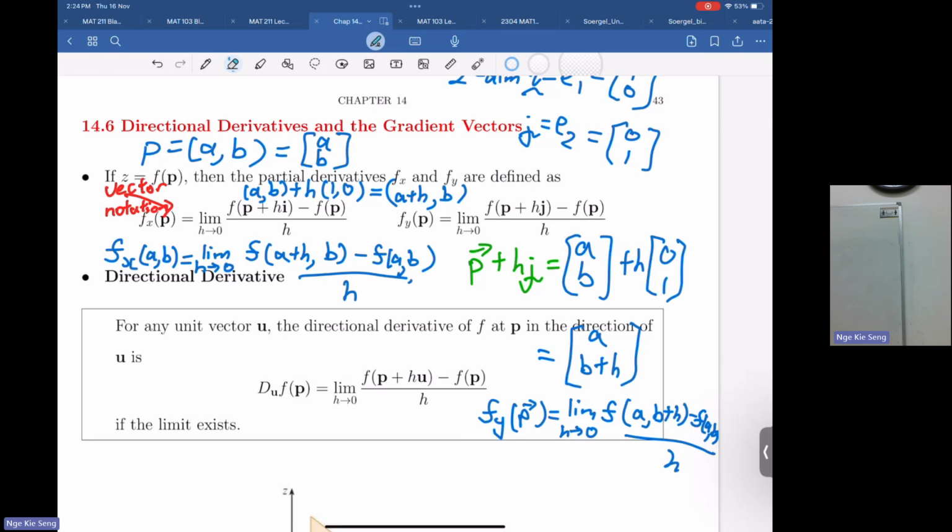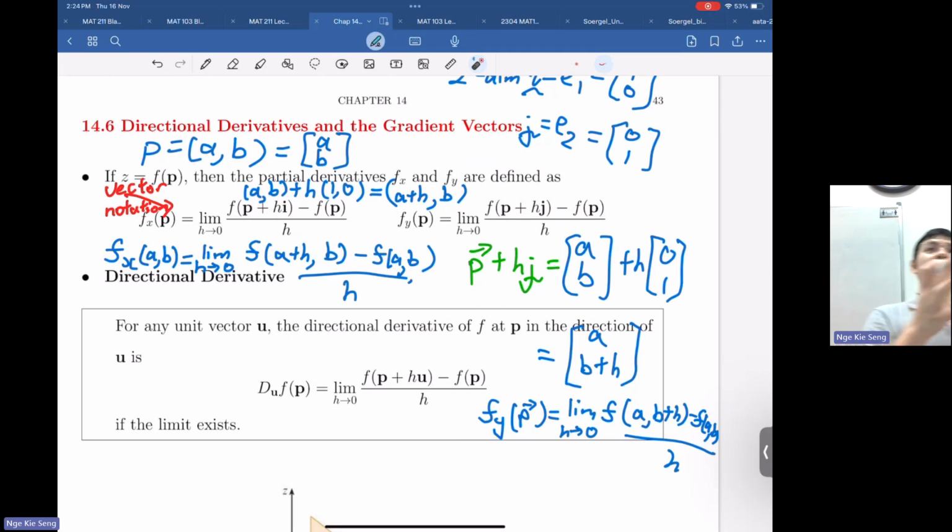You need to differentiate, integrate, check continuity, and so on. This is the generalization of single-variable calculus. So what do you see here? The difference is we take a different vector to add the changes.